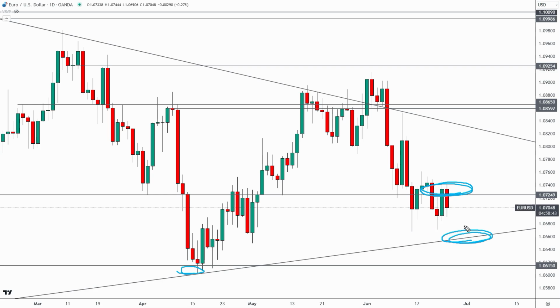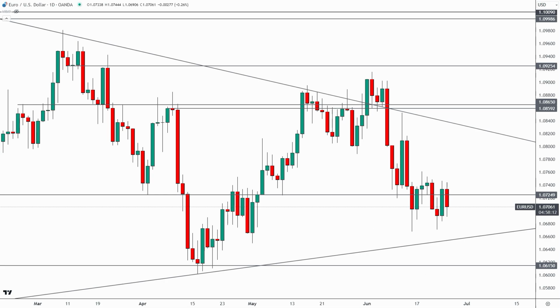So even though I do think that we are likely to see the euro come down here toward 1.065, right? You've got to consider that if you are trying to short up here, you'd have to have a stop loss above these recent highs. And in that case, you'd be lucky to get a 1-to-1 risk reward. And for the way that I trade and the way that I teach, that is simply not good enough, because I always look for at least a 3-to-1 reward to risk.